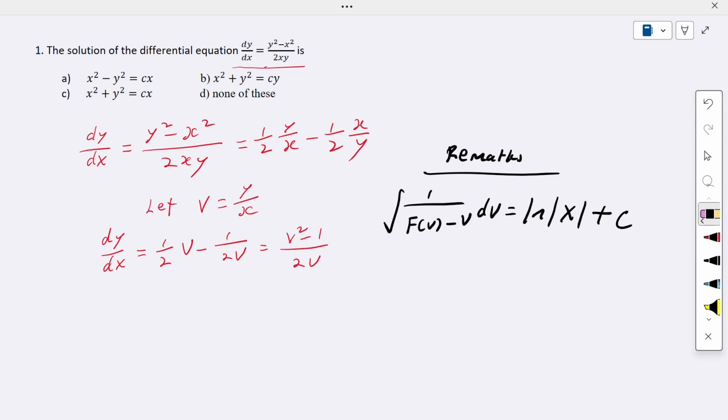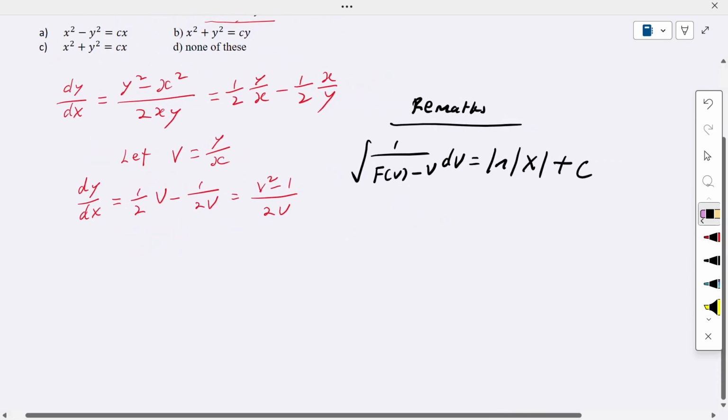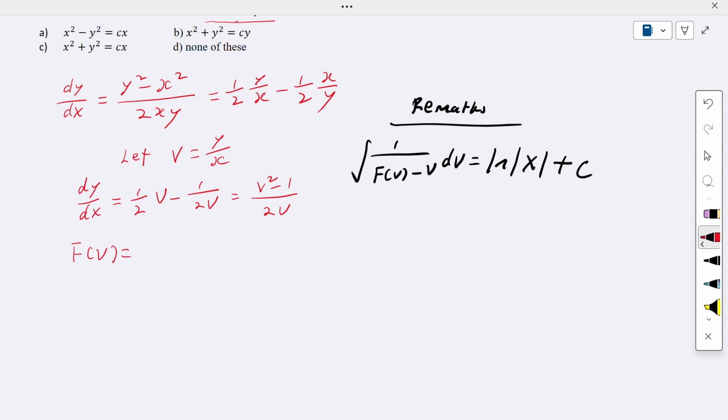We need to recognize what the function f(v) is. In this case, f(v) is equal to (v squared minus 1) over 2v. We substitute this into the integral: 1 over ((v squared minus 1)/2v minus v), and then we integrate with respect to dv.